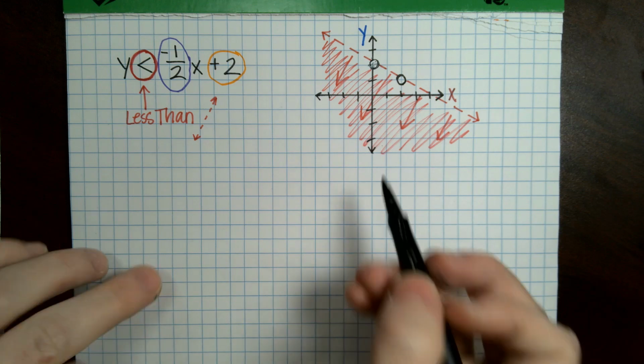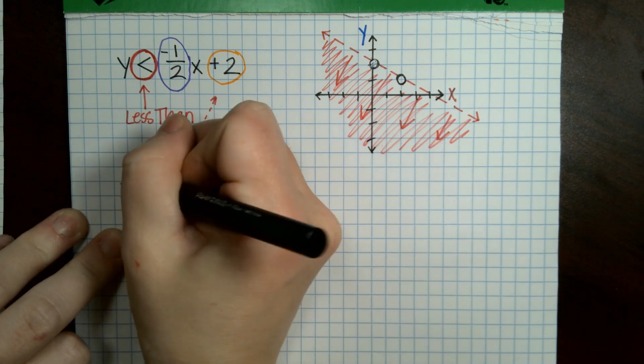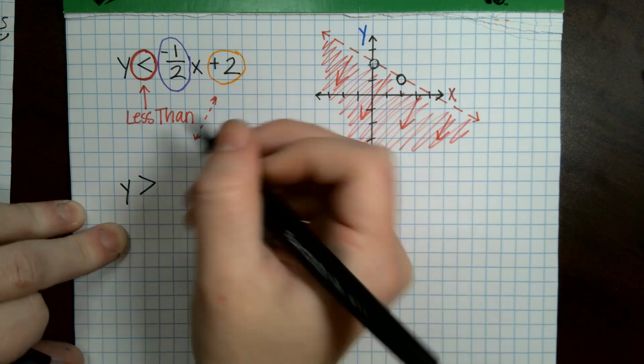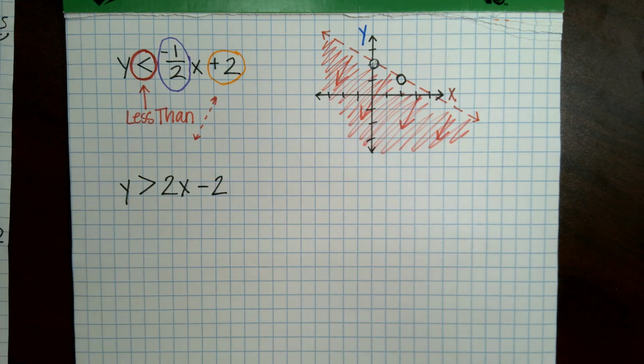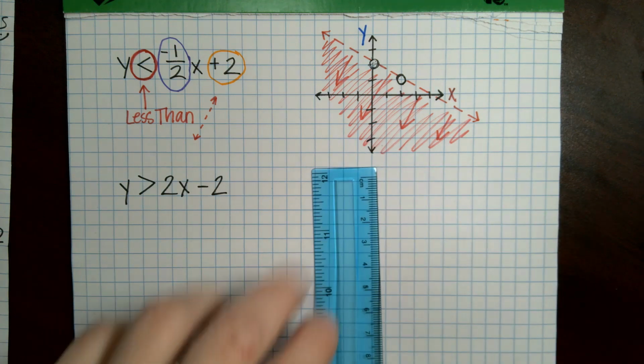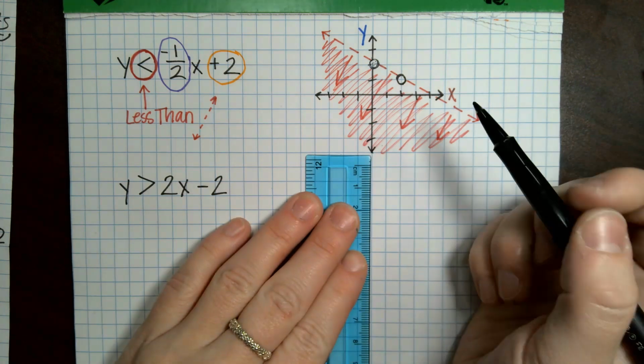Okay, let's try y is greater than 2x minus 2. So we'll draw another little graph beside it.